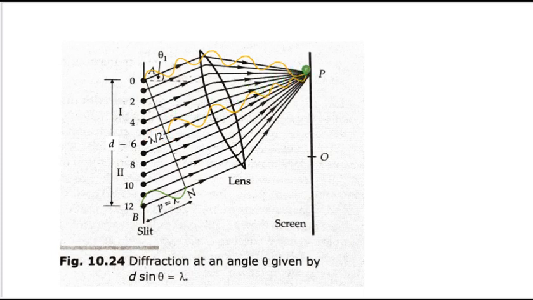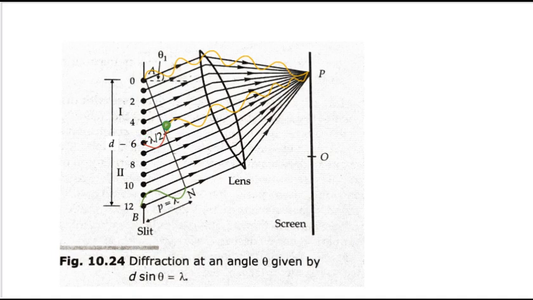Since this distance and this distance are the same, the light is traveling five wavelengths. But in this case, there will be an extra wavelength traveled. Why? Because of this extra lambda by 2. Can you see? There will be an extra portion. So in this case, at the point C, the light has traveled an extra path difference of how much?